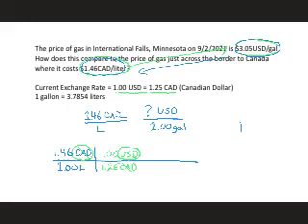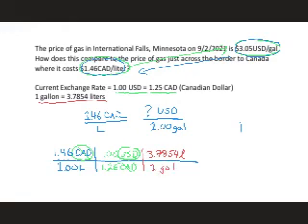So next we can convert the units of liters to gallons. And we see that conversion right here. So liters needs to be in the numerator so that it cancels out, with 1 gallon in the denominator.